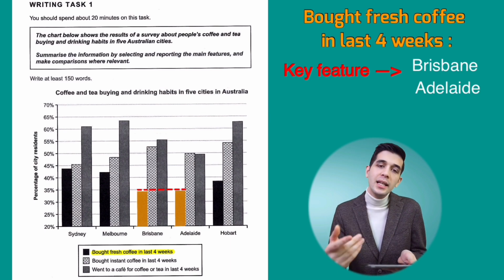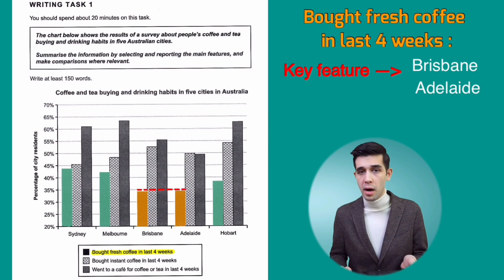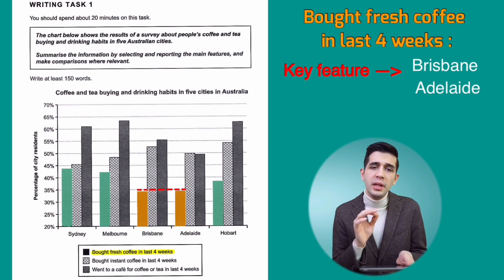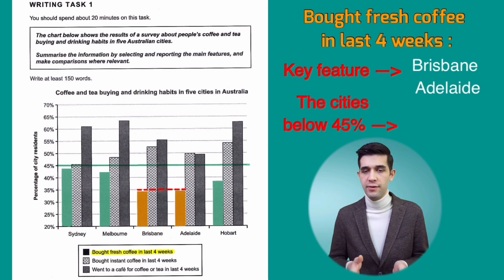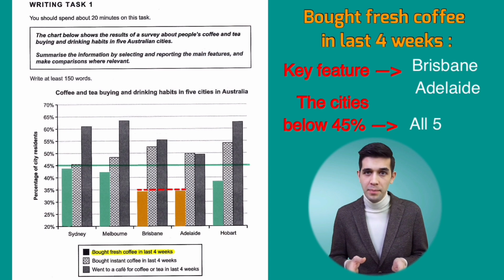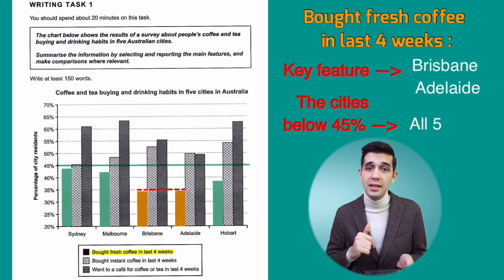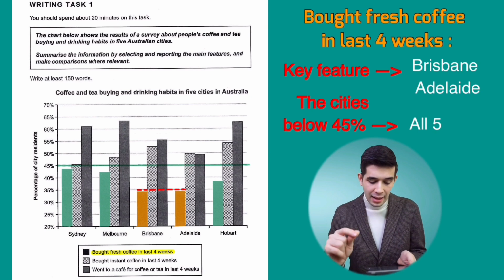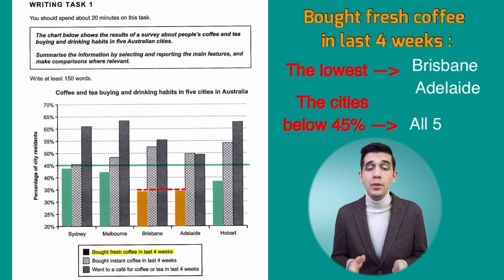But how can I categorize all the 3 other cities like Sydney, Melbourne, and Hobart? Take a look at the 45% line. Let's draw a line on 45%. How many of the cities are below 45%? All of them. So I could say that all of the 5 cities are below 45%, with Brisbane and Adelaide at the lowest, right? This is one way of doing this.